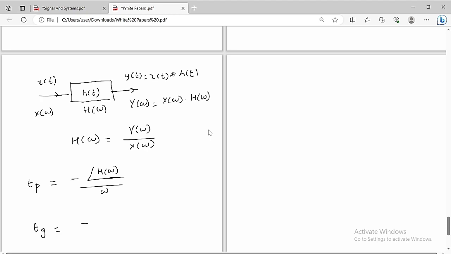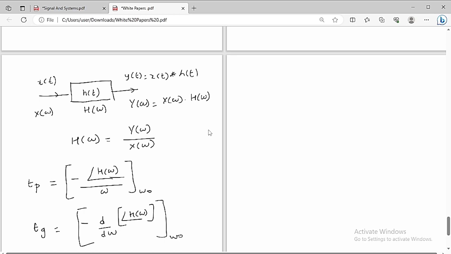It is minus d by d omega of the phase angle of H of omega. Suppose a given signal has a frequency of omega naught, you have to substitute omega is equal to omega naught here, and here also you substitute omega is equal to omega naught. That's it. So this is for the phase delay of the system, and this is for the group delay of the system. This one you always have to keep in your mind.